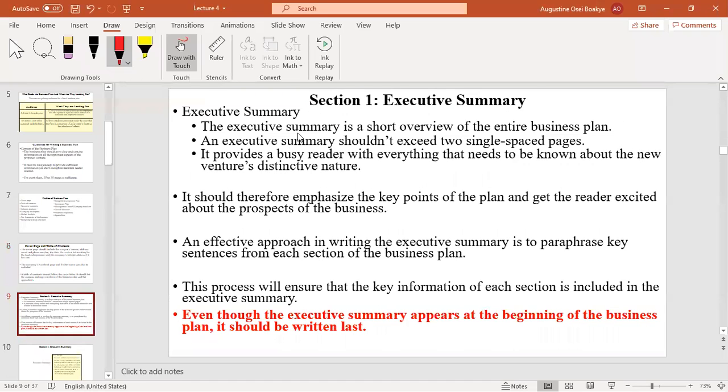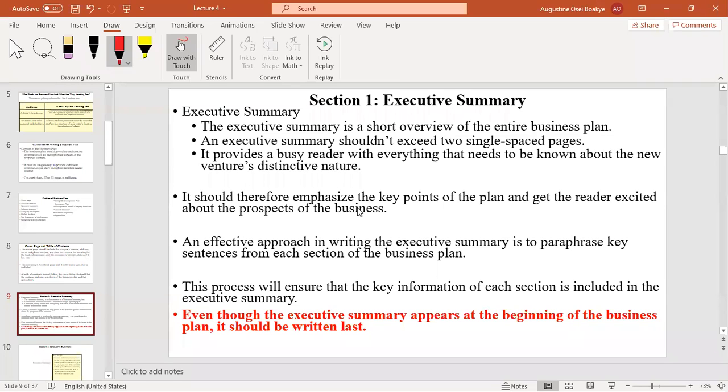Now, the executive summary. The executive summary can be likened to what we call an abstract in project work. So in project work, you are at some point in time required to comprehensively summarize all the things that you intend to do at the proposal stage.